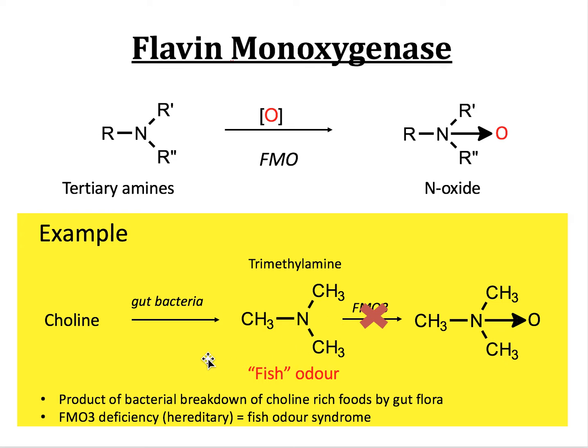Trimethylamine is known to have a fish odor. So if people smell as if they have some fish odor coming from them, it's usually due to an FMO deficiency, and it's known as fish odor syndrome.